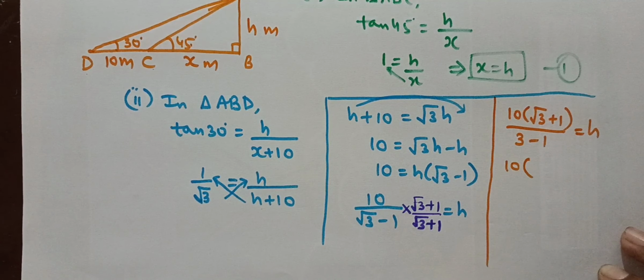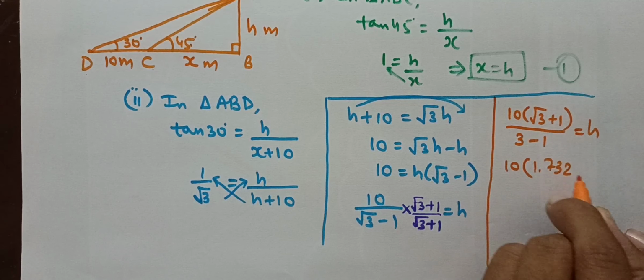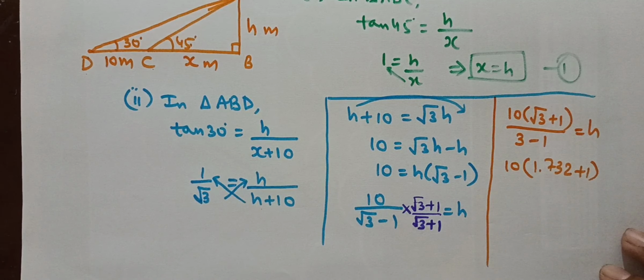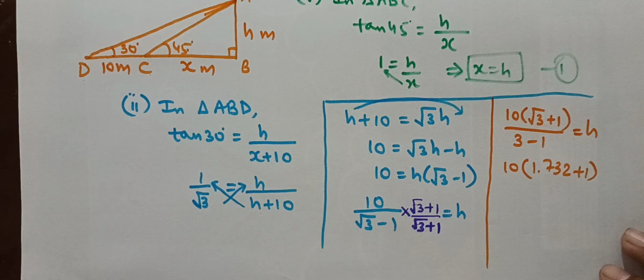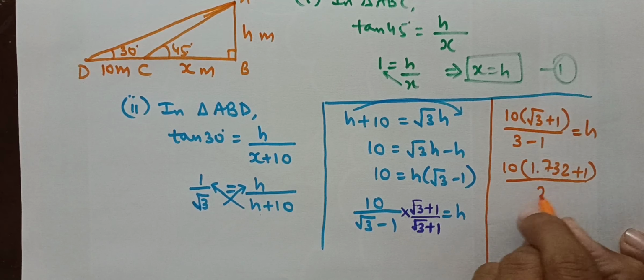And we have to put the value of root 3, because the question says correct your answer to 2 decimal place. So we have to write root 3 up to 3 decimal place and then do rounding off. So root 3 is 1.732 plus 1, and then in the denominator 3 minus 1, 2.